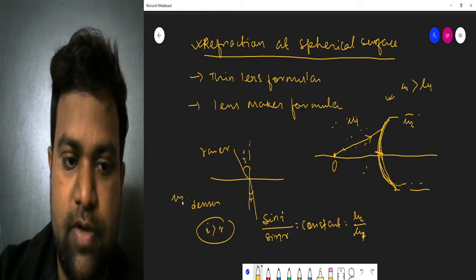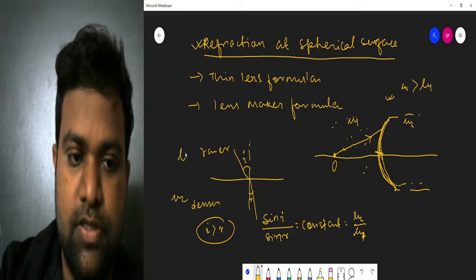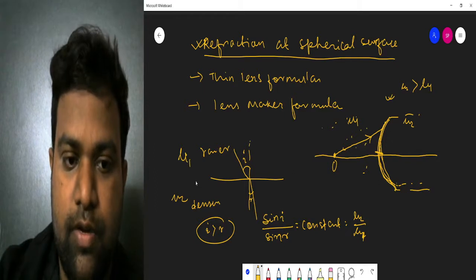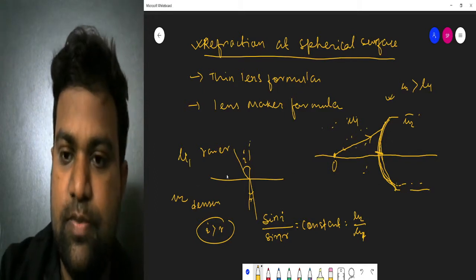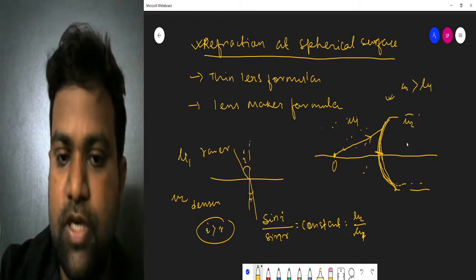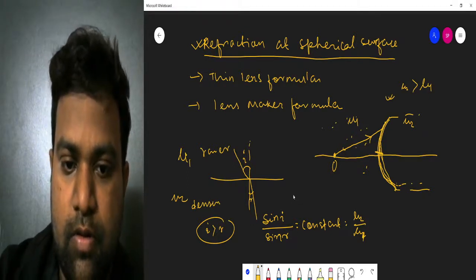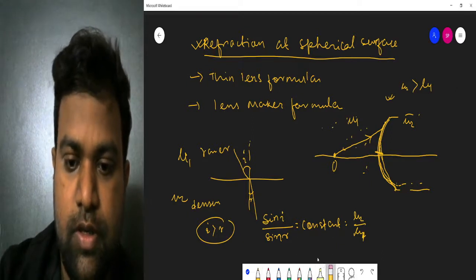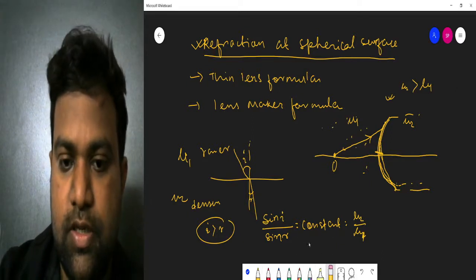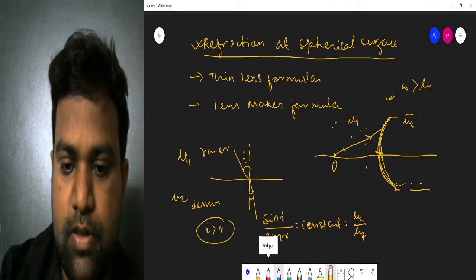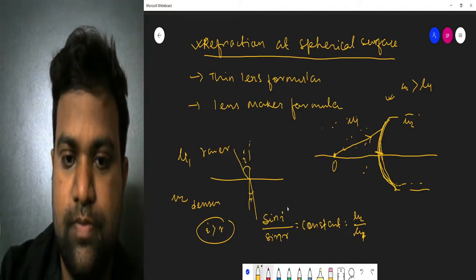Okay, let's say this is refractive index 2, this is the refractive index of 1. So this principle, this result we will use here also.